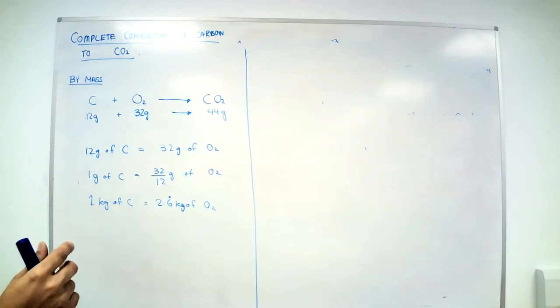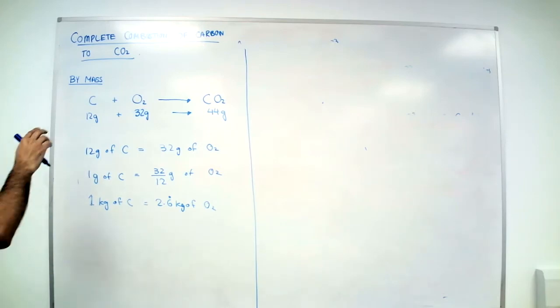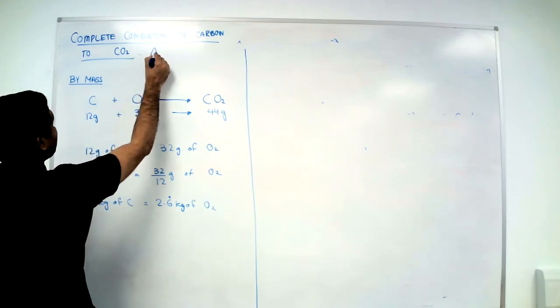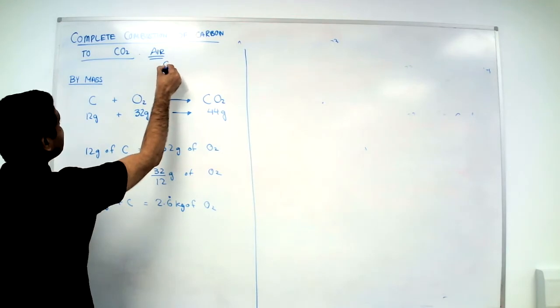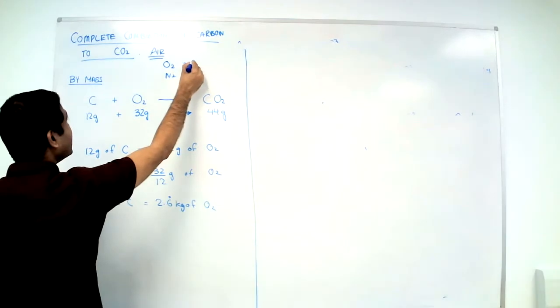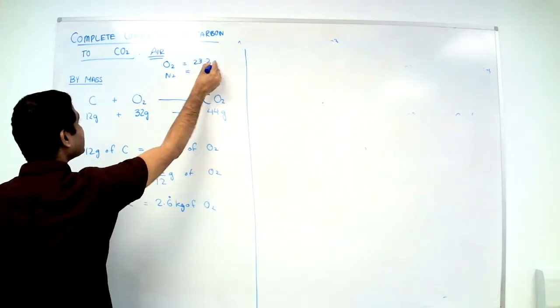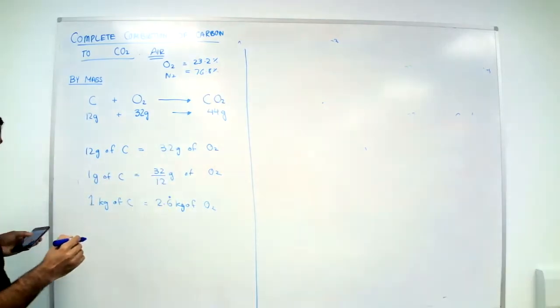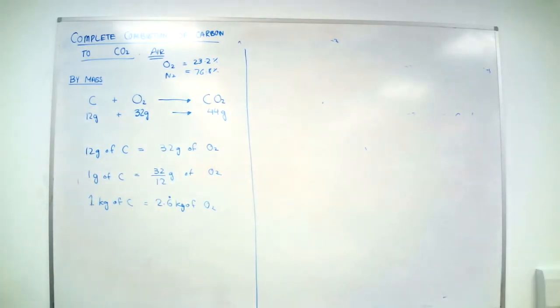We know the oxygen in the air in terms of mass. What was the relation? Volume is 21, 79. By mass, it's 23. So by mass in air, you have oxygen and you have nitrogen. Oxygen is 23.2% and nitrogen is 76.8%. Now we got this number, and the other one is 21, 79.